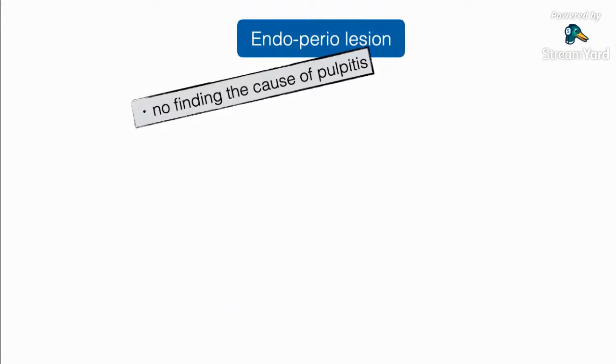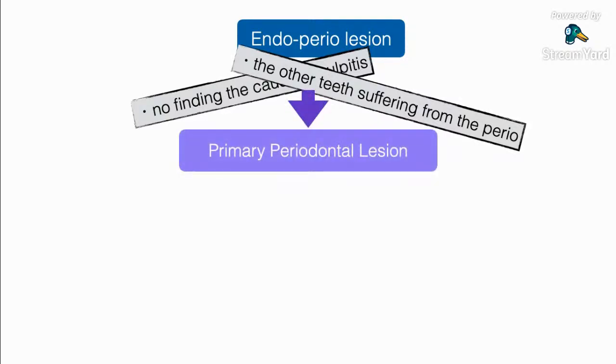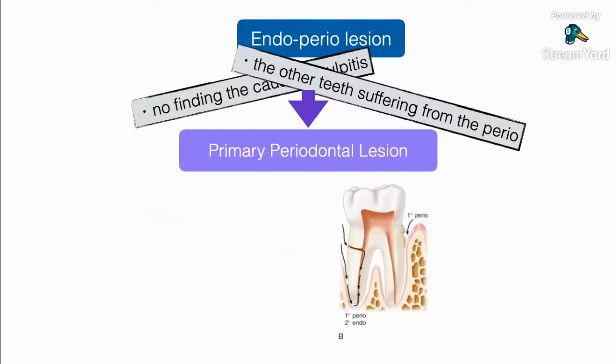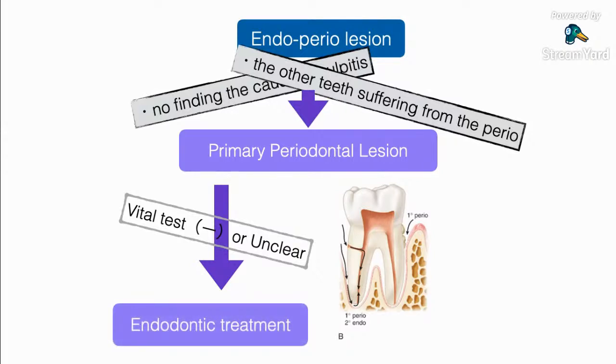And if you can find no cause of pulpitis, and the other teeth are suffering from periodontitis, you may think of a primary periodontal lesion and check the vitality. This is a little bit complex, but a very important message: whether the vitality is minus, or even plus or unclear, you can go to endodontic treatment first.